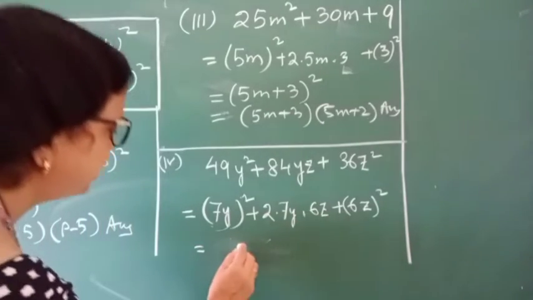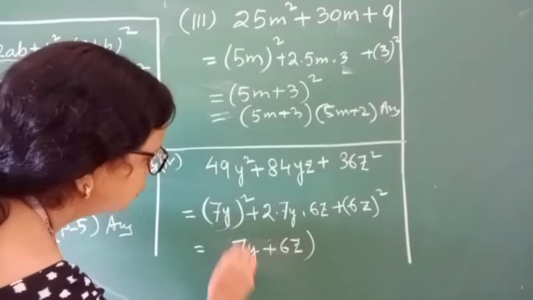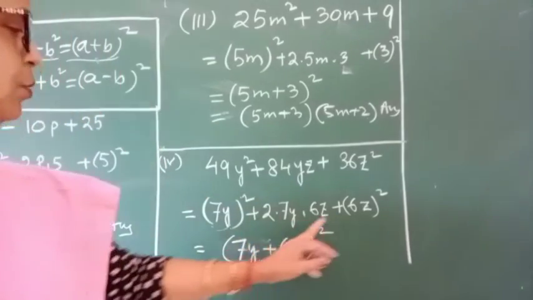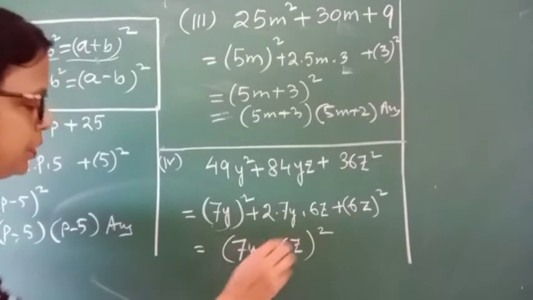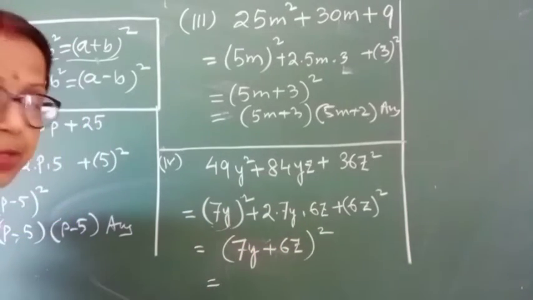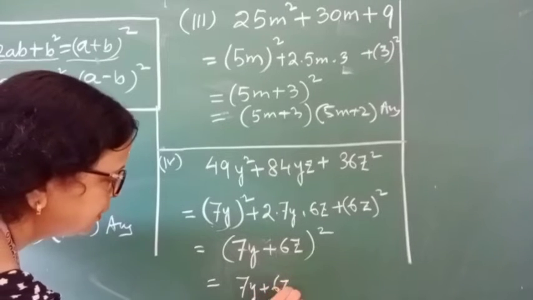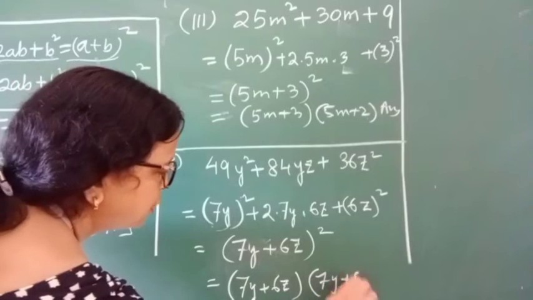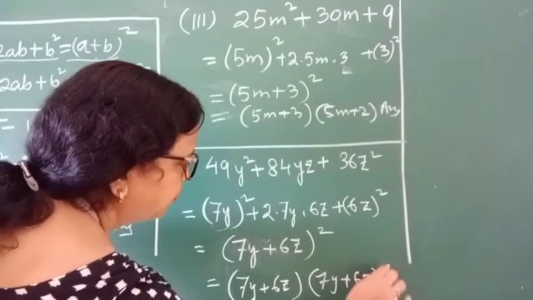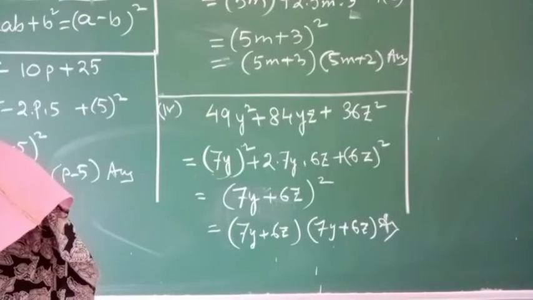Now what I will write, 7y plus 6z whole square we can write, a square plus 2ab plus b square, that means a plus b whole square. So you can complete your sum here, or if you want to write it in this form, 7y plus 6z, 7y plus 6z 2 times. You can see the complete sum.